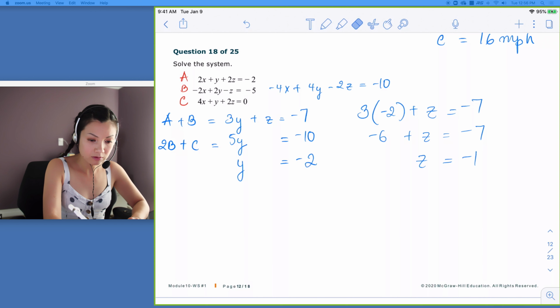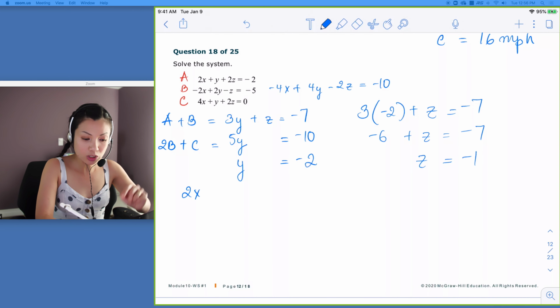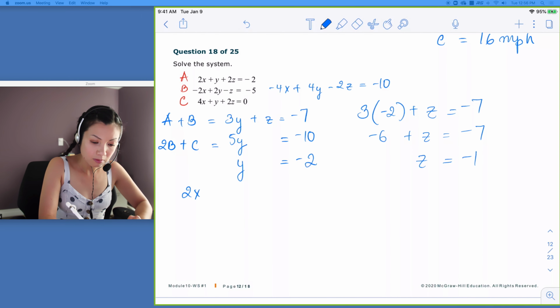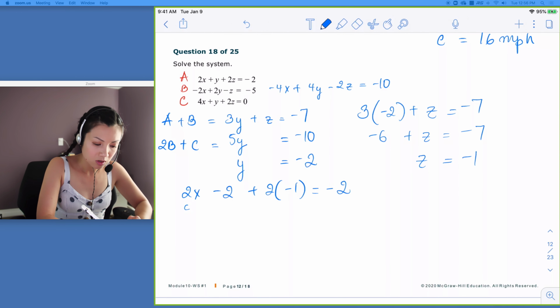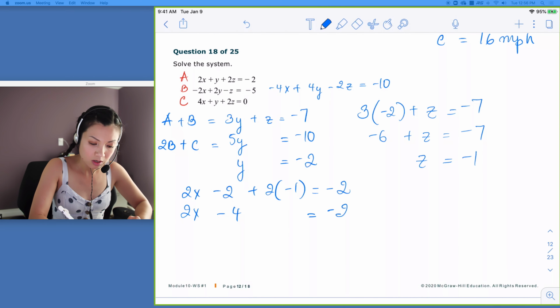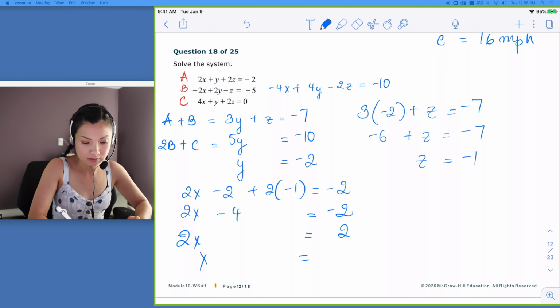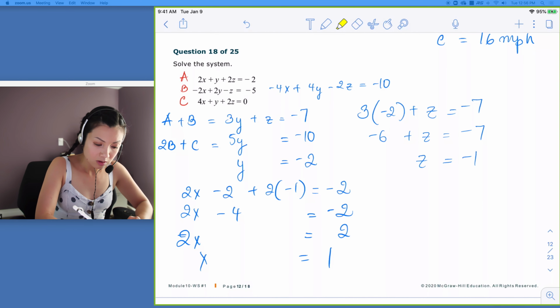So I have 2x, I'm going to use A. 2x, y is negative 2, so negative 2, plus 2 times z, which is negative 1, negative 2. From here, we just solve it. Negative 2 minus 2 is negative 4, negative 2 here, 2x equals 2. So x is 1. So we got it. We got x, we got y, and we got z.